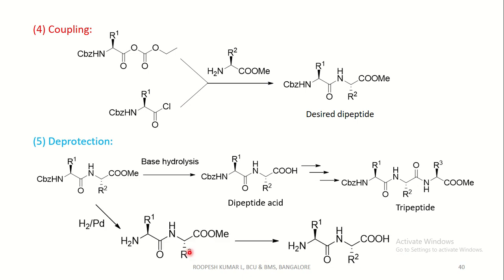You can also deprotect this Z group using, as I said before, H2 and palladium to give a free amino acid, and the ester can be deprotected using base hydrolysis. So you get a deprotected peptide, that is, both protecting groups have been removed.